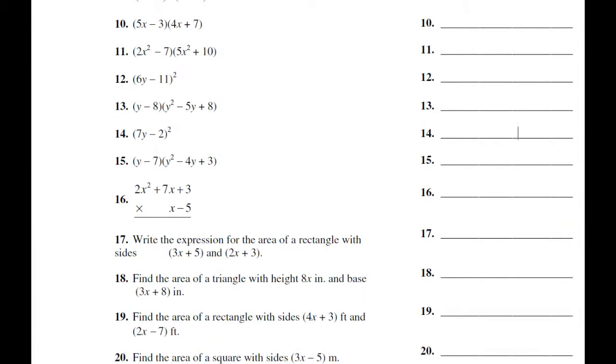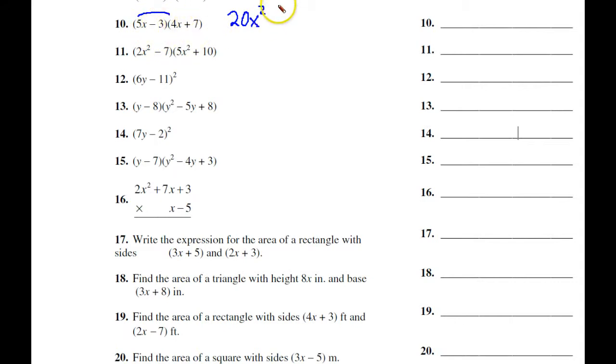Now for these next few, we can try the FOIL. Now remember, you can always set this up horizontally and then do it vertically, or vice versa. But this is going to be a 20 x squared. Now my outers are 35x.